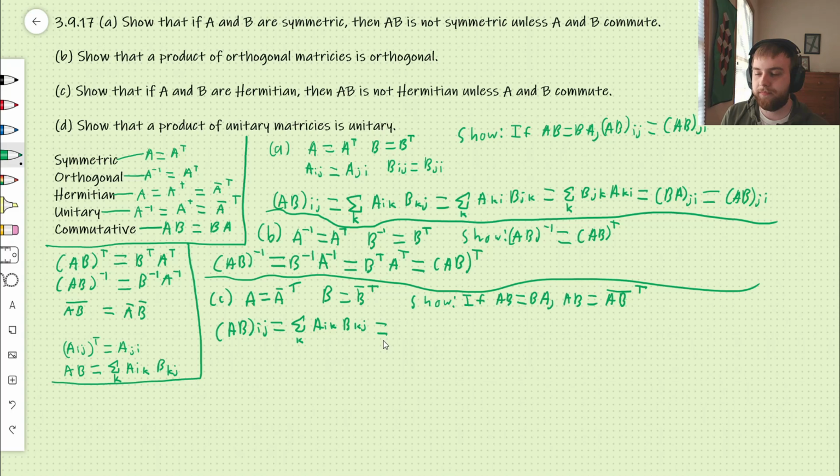And since the complex conjugate of a matrix is the complex conjugate of each one of the elements, we can rewrite this, and then also use the definition of transpose that we had up here.